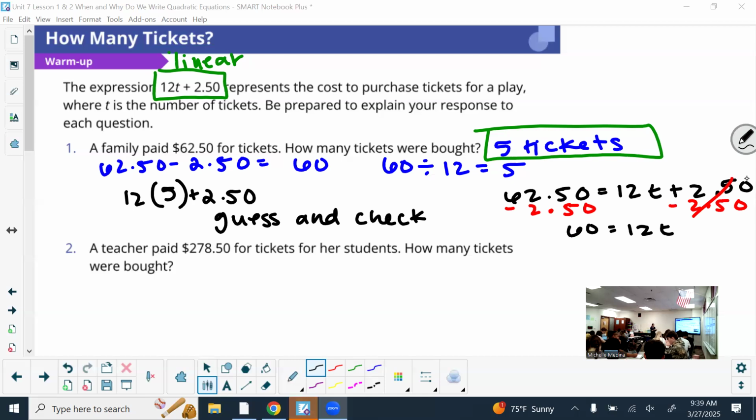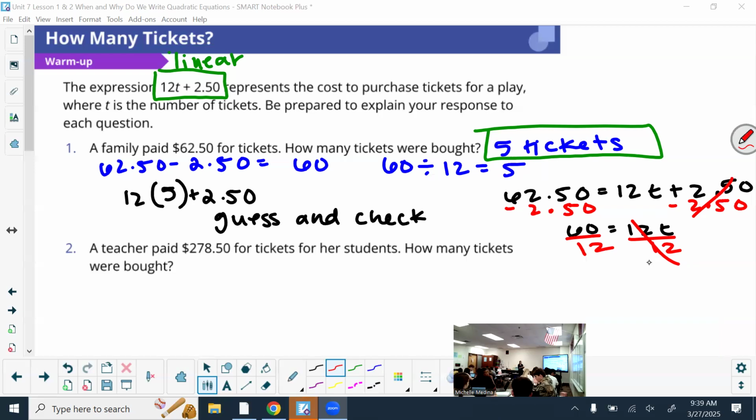And then we divide by 12 because that's the opposite of multiplying by 12. So if you didn't automatically know the steps of what to do, that makes sense. That's why we teach you how to solve equations. It's the same process each time so that you can solve more difficult problems.